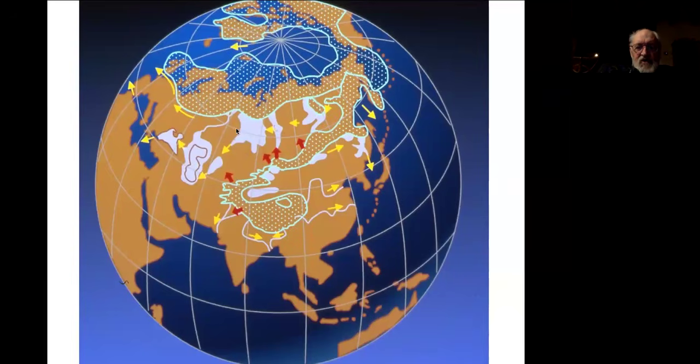Here's another depiction of this sequence of features, sort of on a cartoon of the shape of Eurasia and a little bit of Africa. In purple are shown these giant lakes. In yellow are the spillways that connected them that Grosswald described.